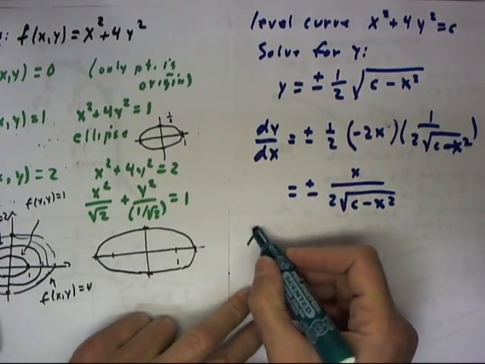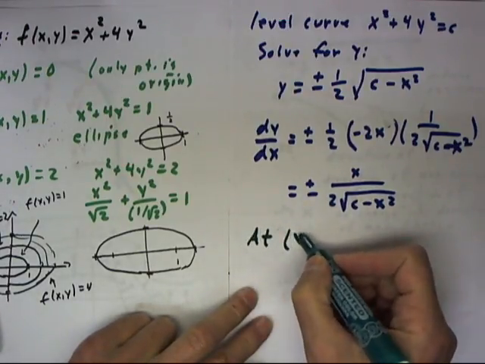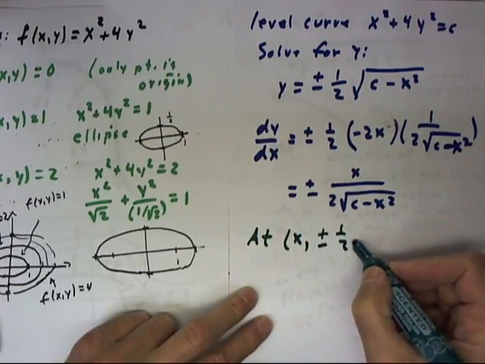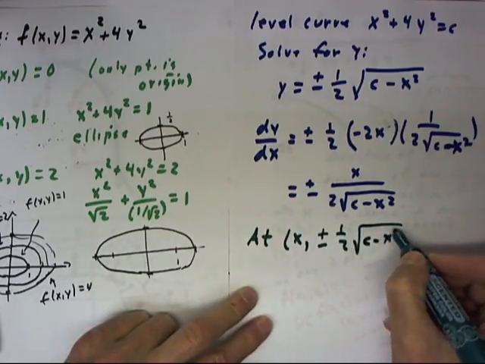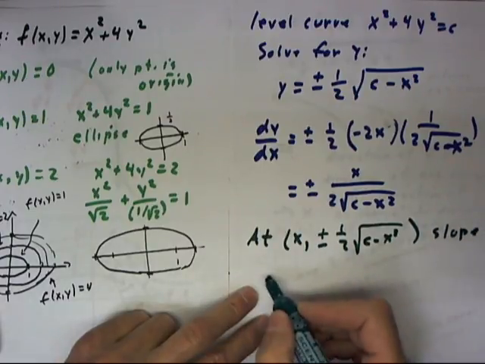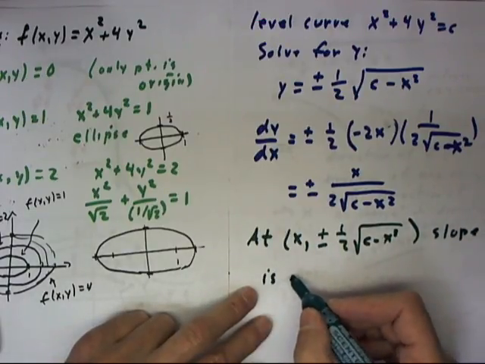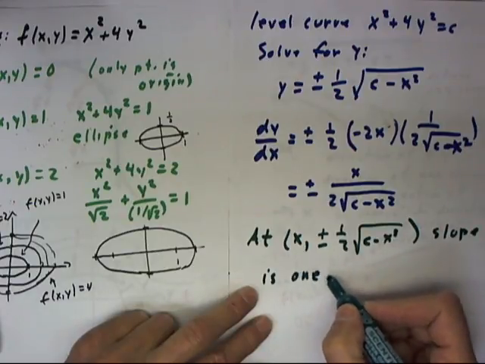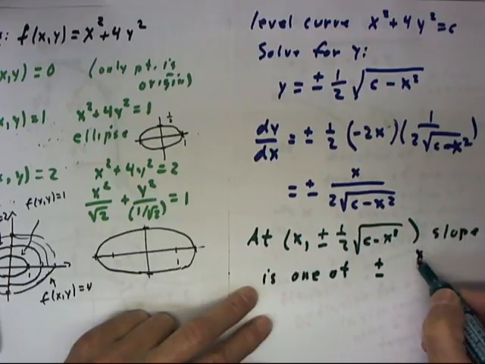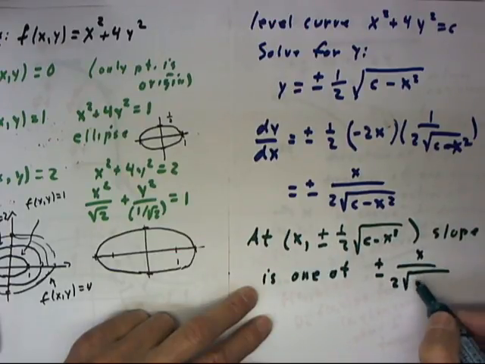So we can say at the point x, plus or minus 1/2 square root of c minus x squared, the slope is one of the values plus or minus x over 2 times the square root of c minus x squared.